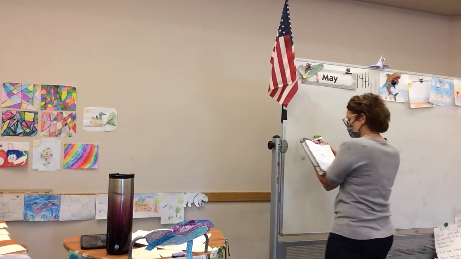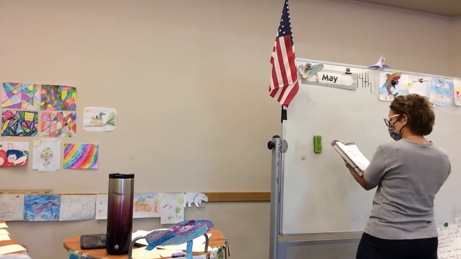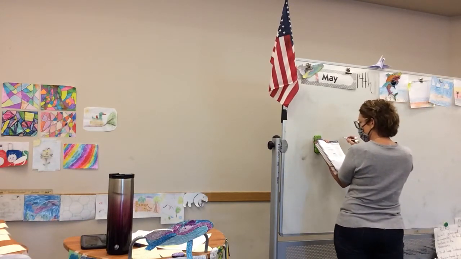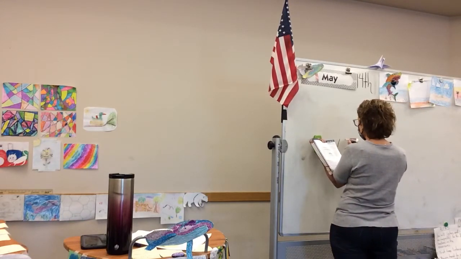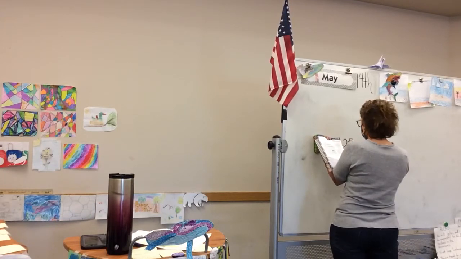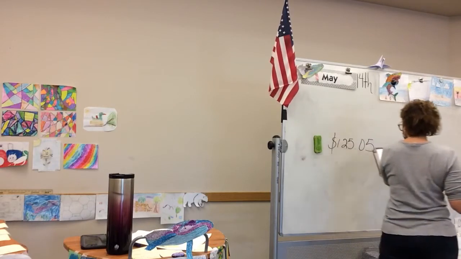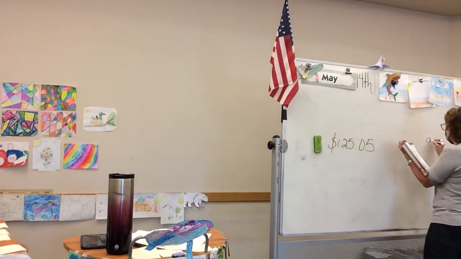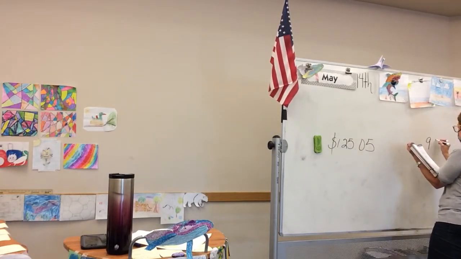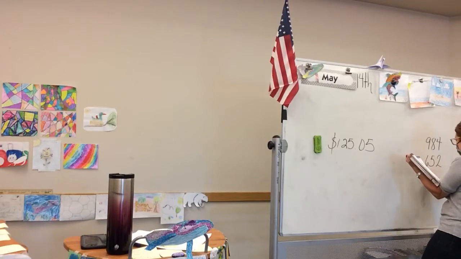Now, we're going to follow the signs on one, and we're going to do another rounding. Are we going to round up or down for $125.05? For this one, we're going to follow the signs. $95, we're going to add.